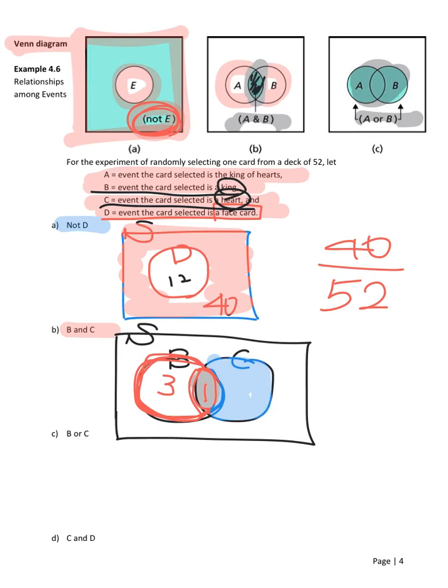How do you think? How many here? Let me see. C was heart. How many hearts? 13 hearts. But in the middle, B and C, there is the king of the heart. Then how many hearts the other side? 12.